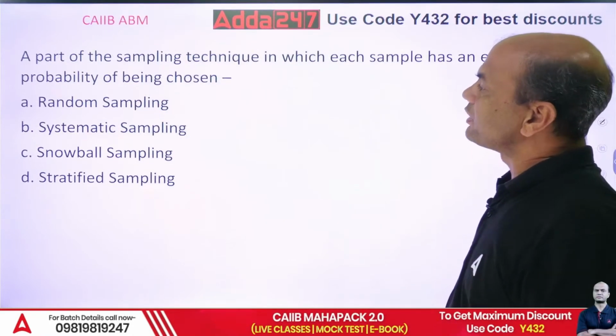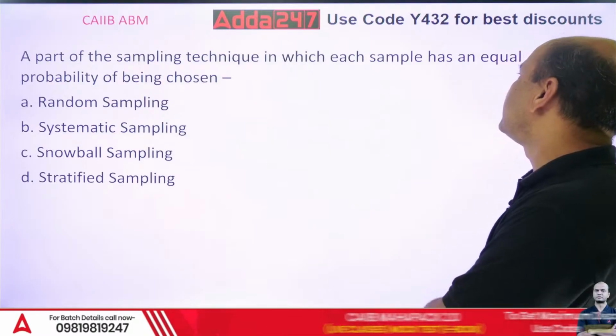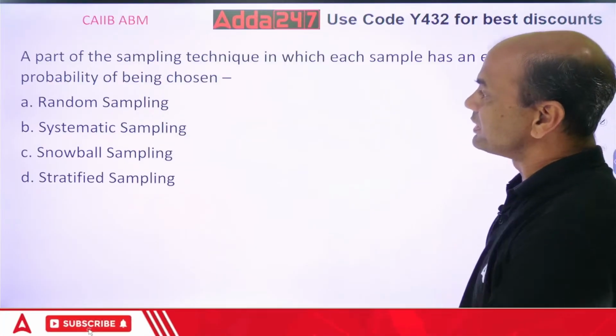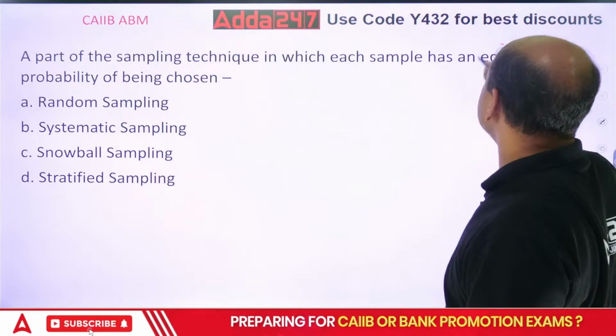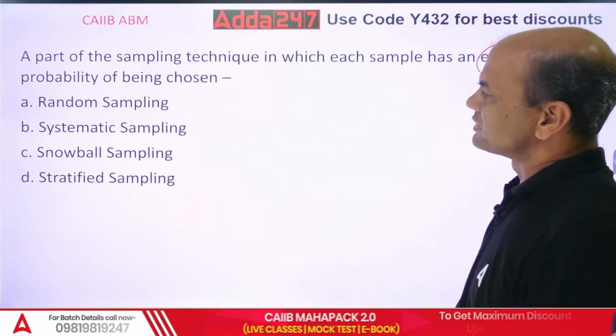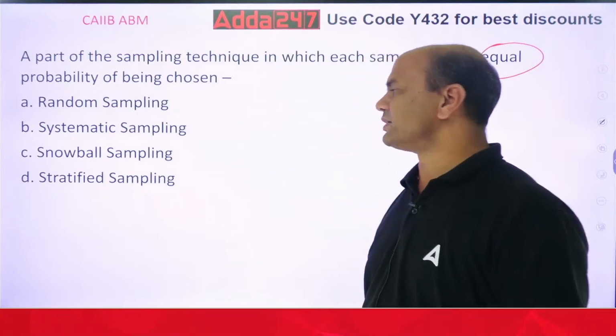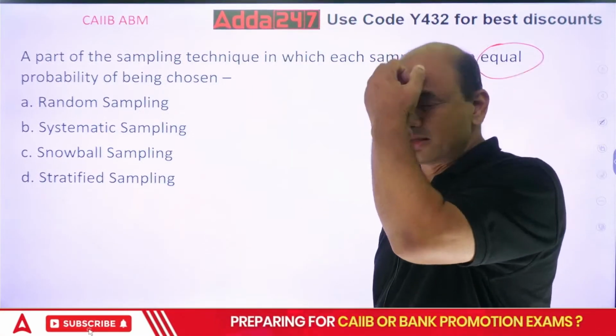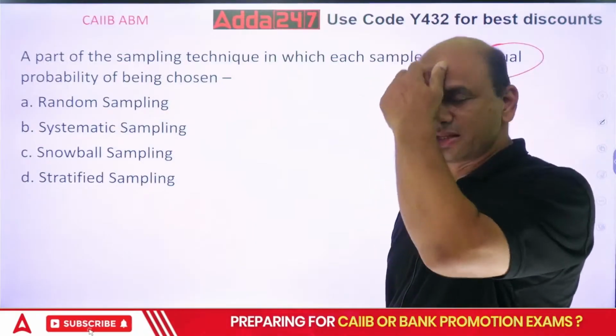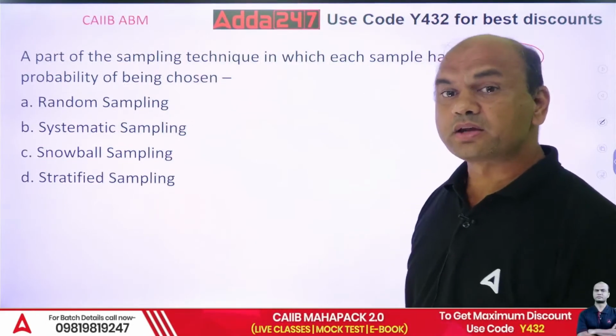A sampling technique in which each sample has an equal probability of being chosen is known as random sampling, systematic sampling, snowball sampling, and stratified sampling. Equal chance.